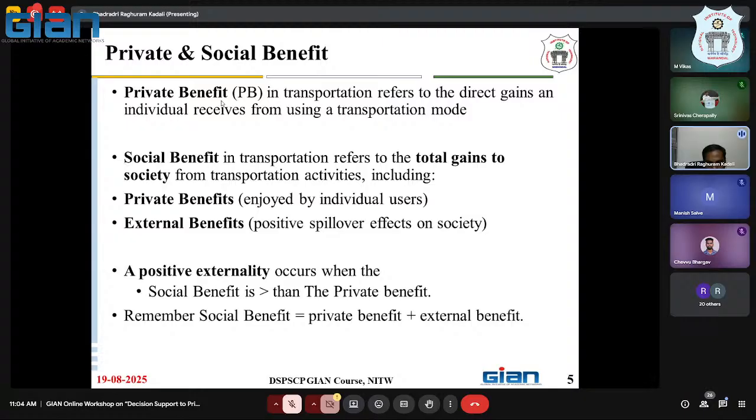Corresponding to that, a kind of social benefit can also be expected. These social benefits are, for example, that there is no delay for each and every person. If there is no delay, there is no reduction of speed, then the loss of fuel and the emission or increase of air pollution will also get reduced. So obviously the private benefits result in social benefits, up to some extent of time.